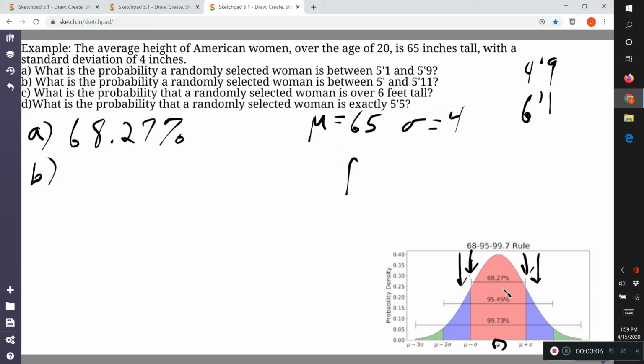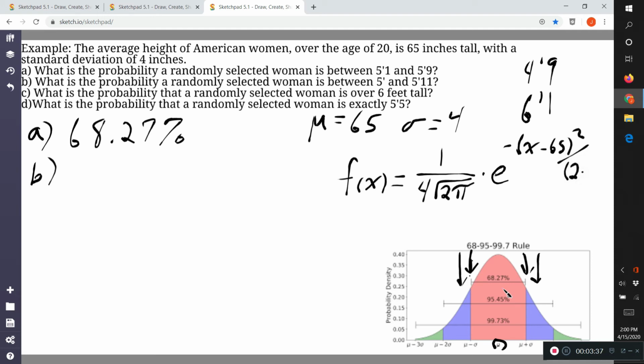So f of x equals 1 over 4 root 2 pi, and I'm literally just putting the numbers into that really massive formula that we had a second ago, times e to the negative quantity x minus 65 quantity squared divided by, running out of space here, 2 times 4 squared, parentheses.